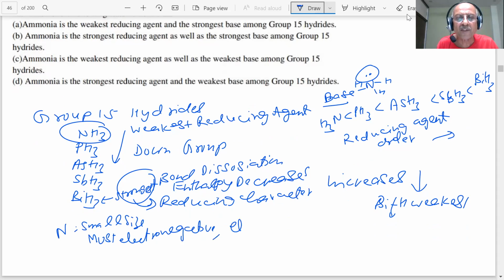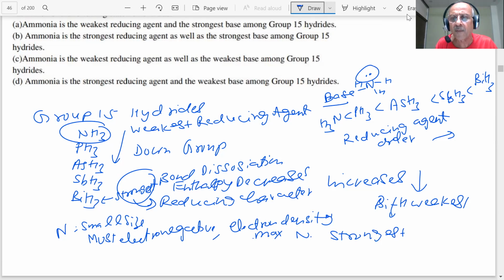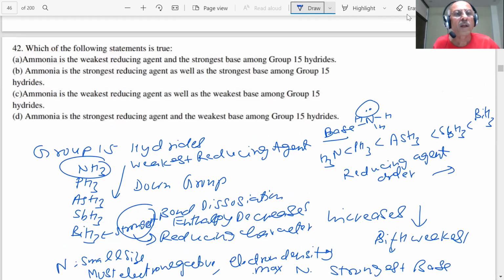So electron density is highest, maximum in the case of nitrogen. So it is the strongest base. Availability of electron pair is maximum in the case of ammonia, students. Therefore, what is the correct answer here? Ammonia is the weakest. This A is the correct answer. Need not go further, we have already explained. Answer is A, student.